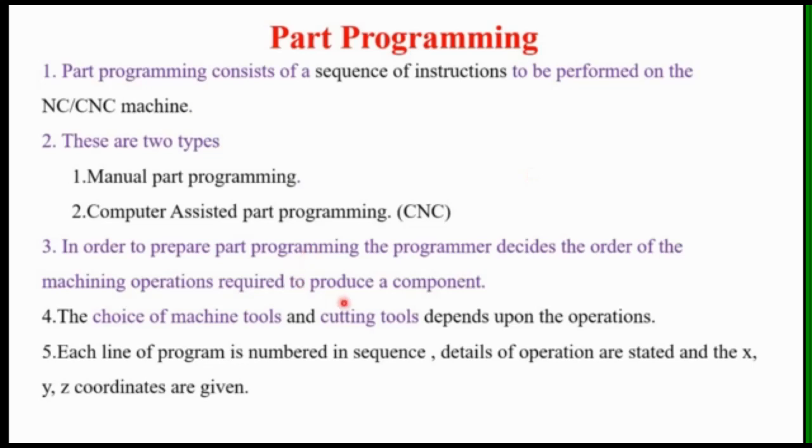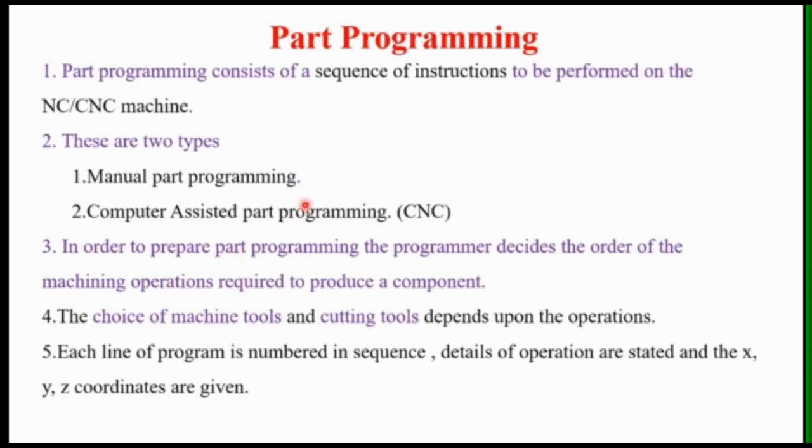In order to prepare the part program, the programmer decides the order of machining operations required to produce a component. That sequence of operations must be decided by the programmer.